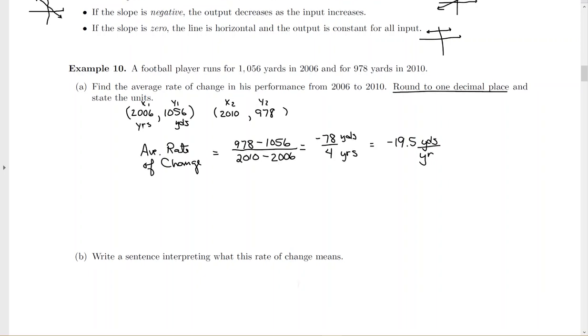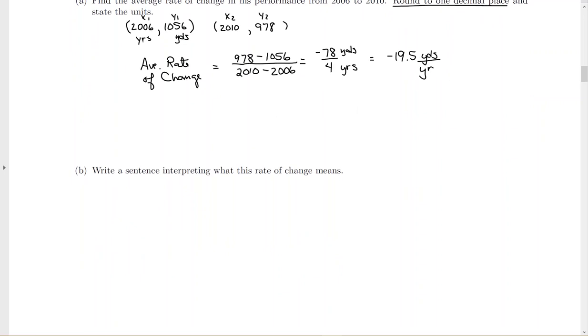So what this means, and then the sentence that's going to interpret this is, on average, and we usually start out with this when we talk about average rate of change, on average, because it's not every single year that he's going to lose 19.5 yards, but just on average over that 4-year period, it's going to be about 19.5 yards each year.